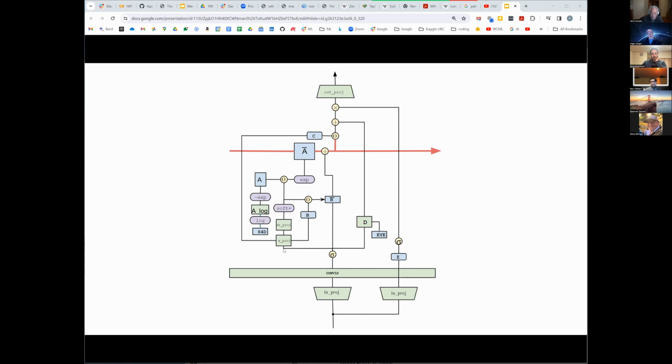And then the other thing it does, at a lower rank, and I think the default was like 16 or something like that, they output a vector that then runs through a projection, and this is for the DT.